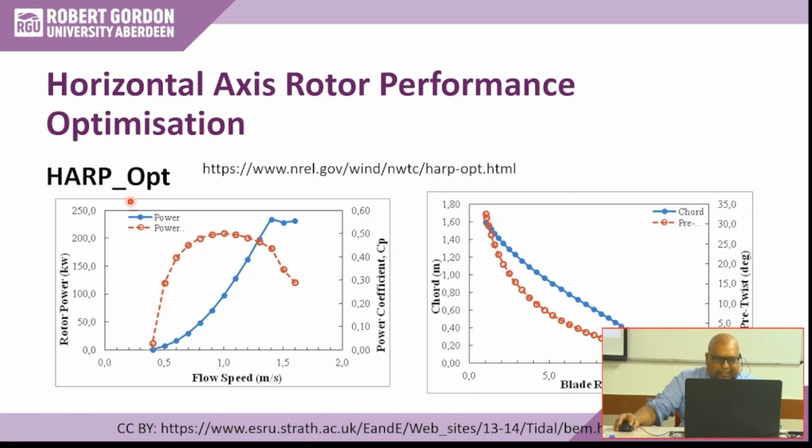Let's take this number. 250 kilowatt is your rated power, and your rated speed is 1.4 meter per second.